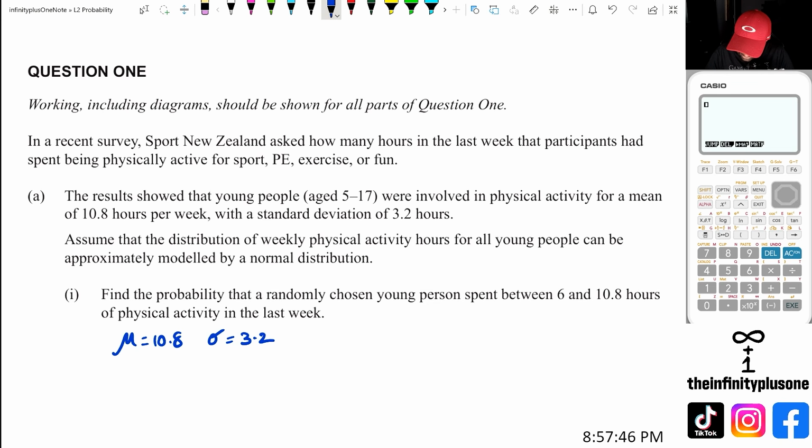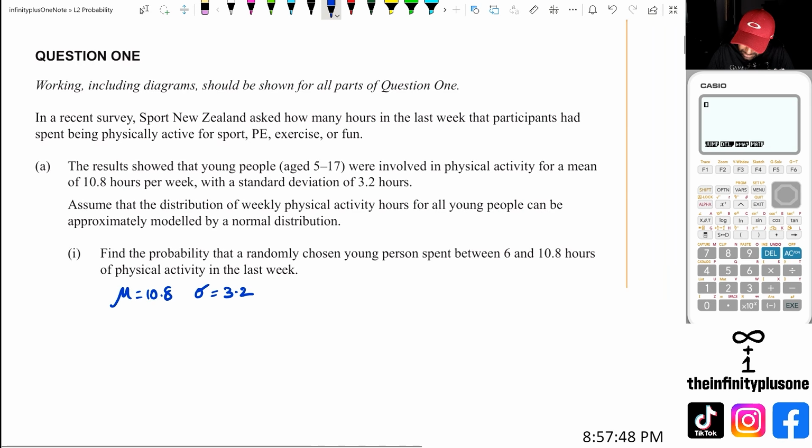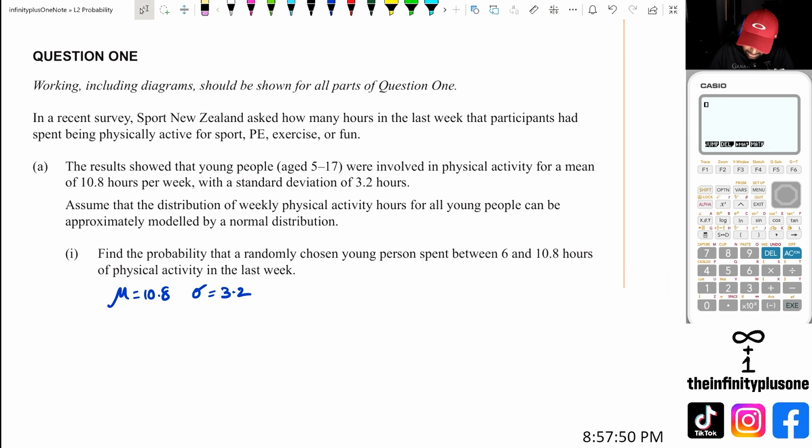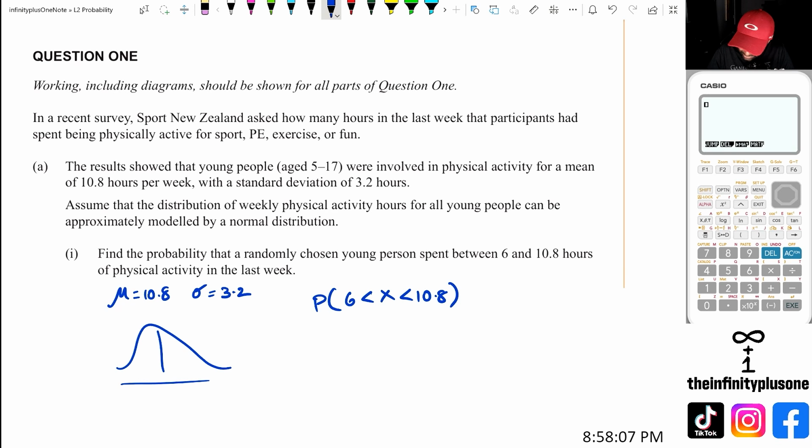Find the probability that the chosen person is between 6 and 10.8. I'm going to put this as a little graph: 10.8 is here and 6 is somewhere here, so the zone I'm looking for is this.